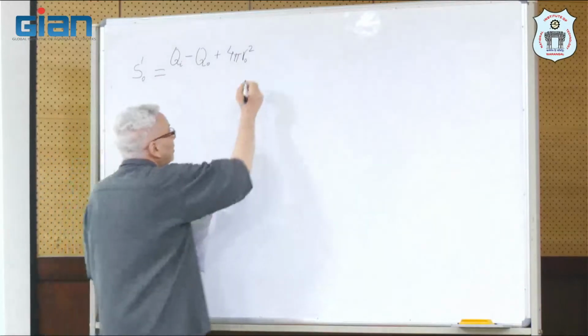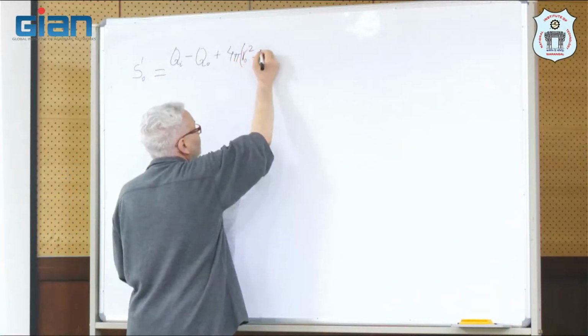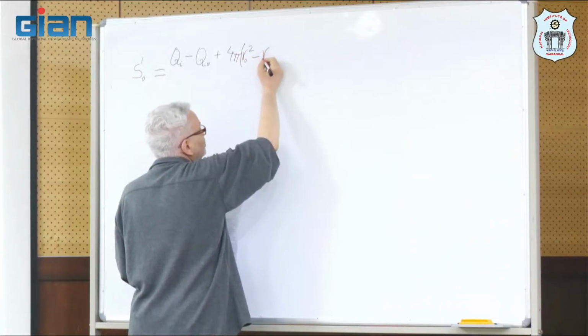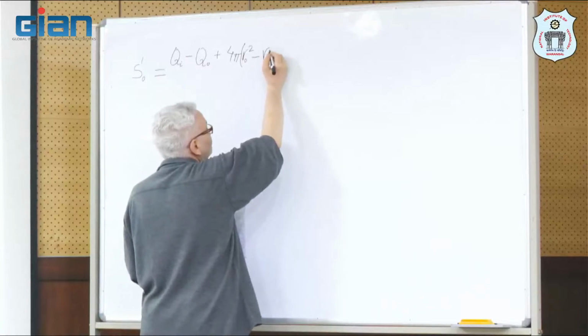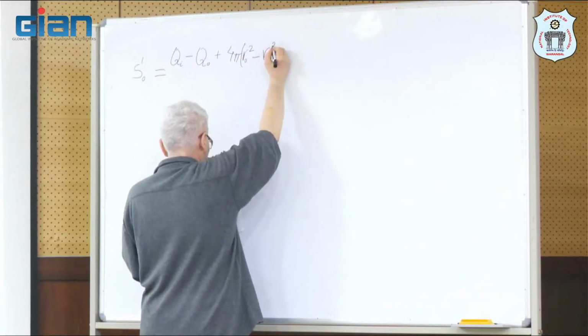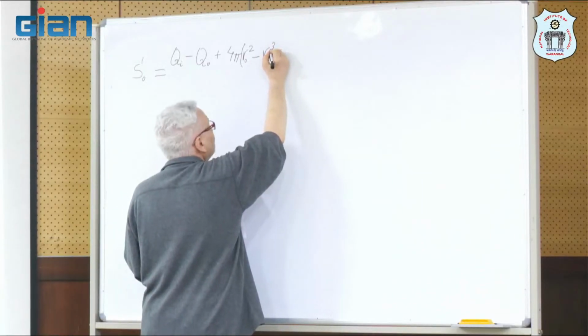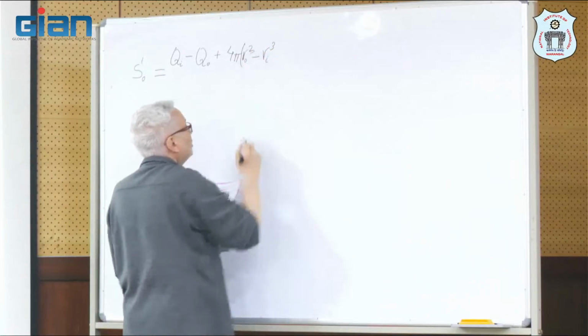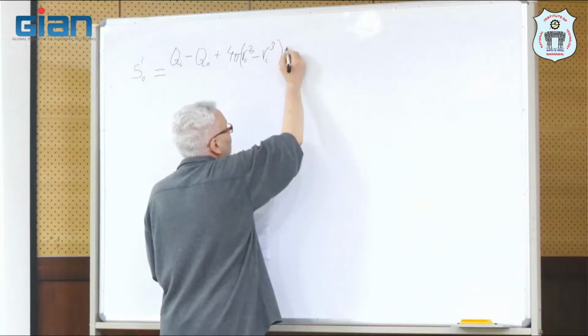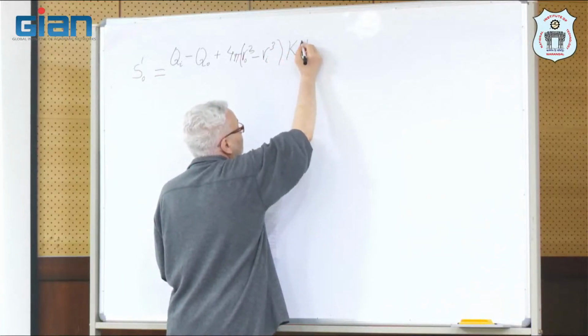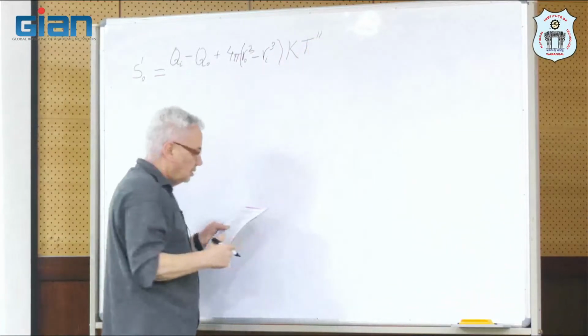Then there is a difference. Actually, there is a volume of the spherical shell. Here we have a volume of the spherical shell, cube, sorry, cube here. And it's multiplied by K T double prime, which is given.